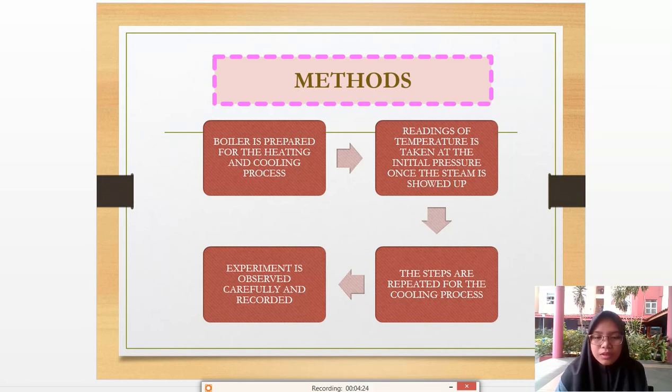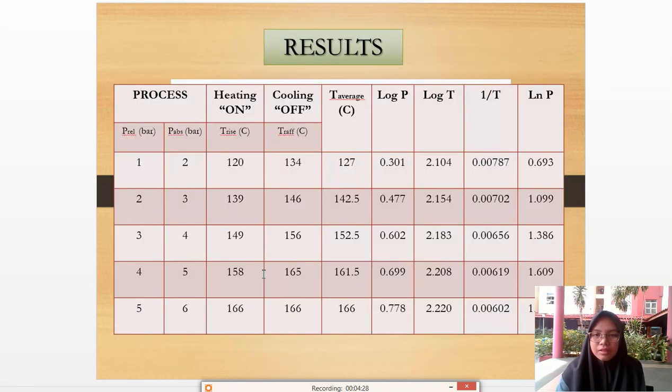So I will explain to you about the results from our experiment, which is the process where we use pressures of 1 bar, 2 bar, 3 bar, 4 bar and 5 bar.